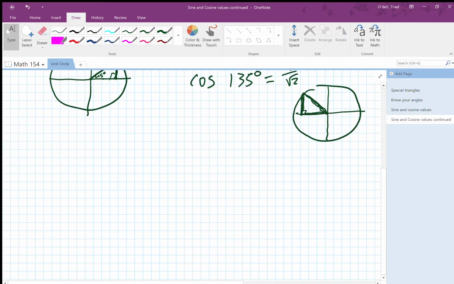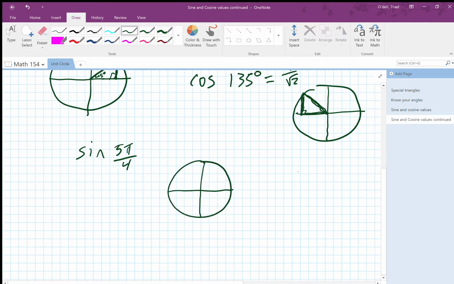And we could do the same thing with, for example, sine of 5 pi over 4. Okay. We know that pi over 4 is an eighth of the circle, because 2 pi divided by 8 equals pi over 4. So if we divide this into 8 pieces, it looks like this. So one of those pieces is pi over 4. So if I'm looking for 5 pi over 4, I'm going to go 1, 2, 3, 4, 5.